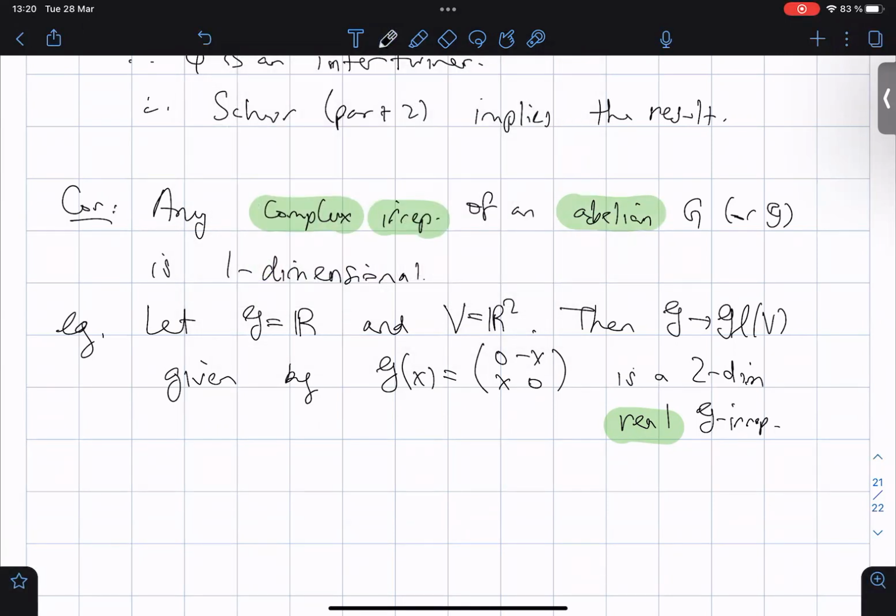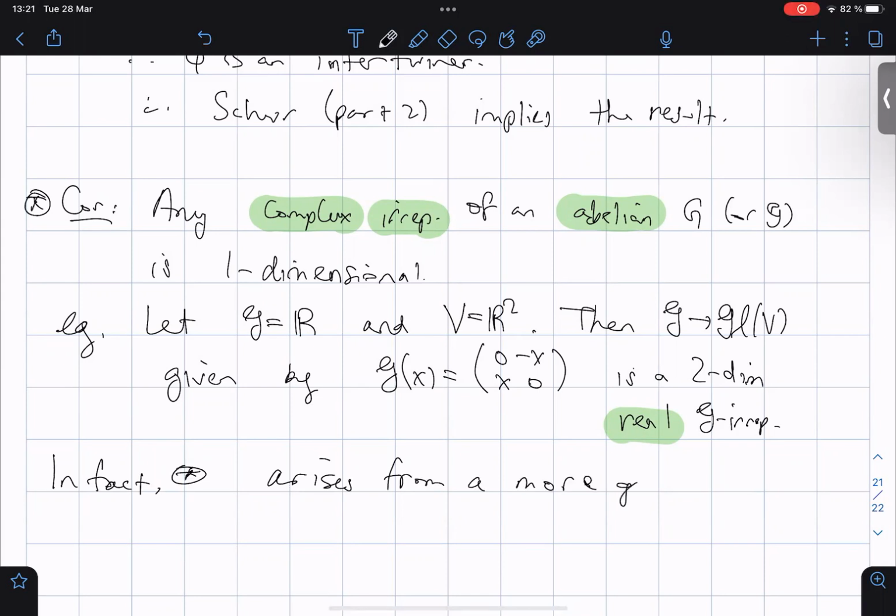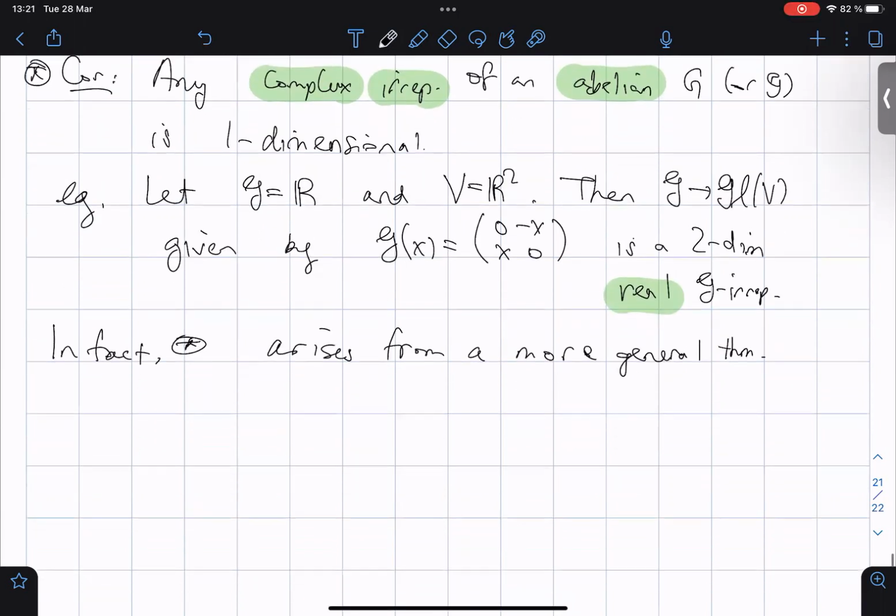I'm going to quote the general theorem first, just so that you're aware of it, and then I'll deduce the more general corollary. So in fact, star arises from a general theorem.